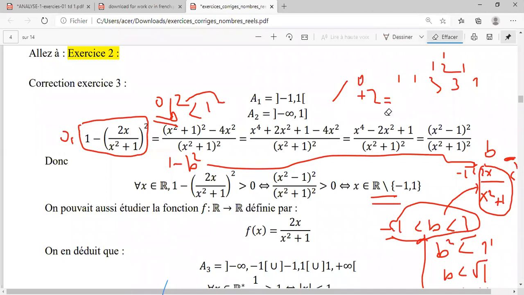Pascal's triangle in actual sense is what helps us factorize expressions very easily. For example, if I have a function x to the power 4 plus 1, how do I get to factorize this?